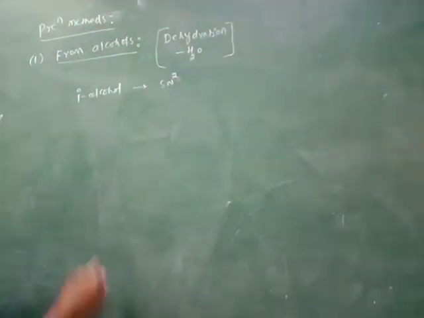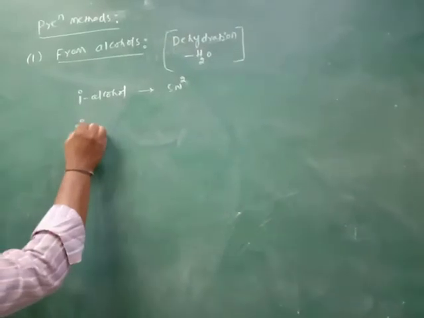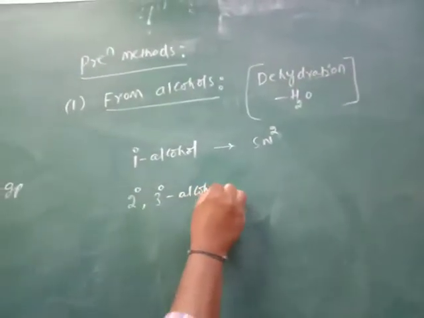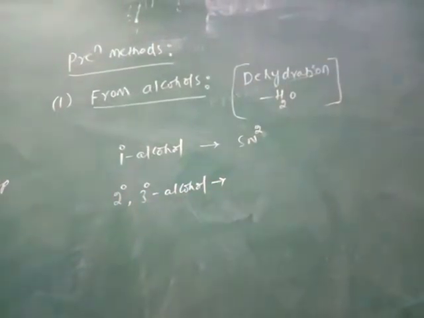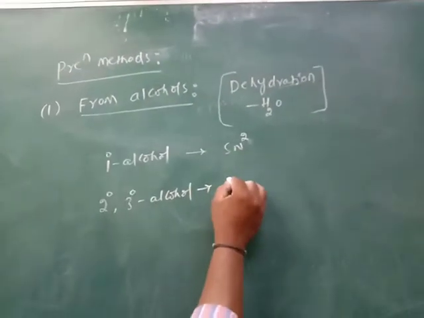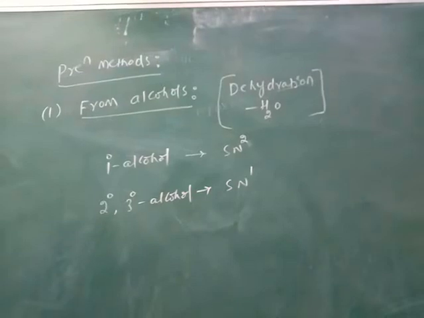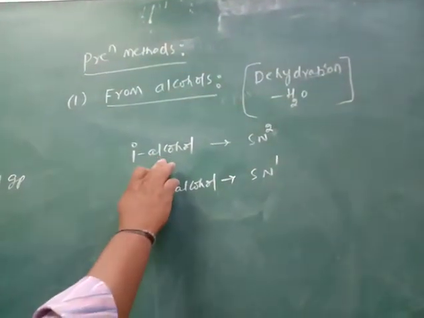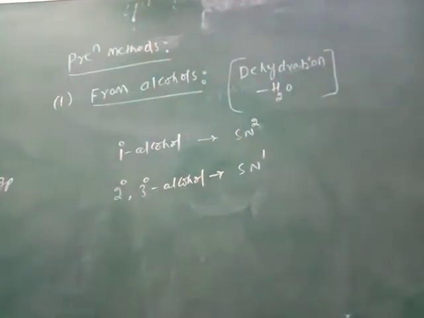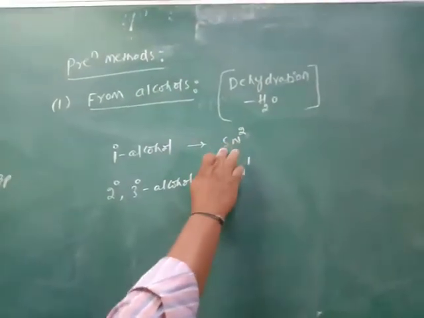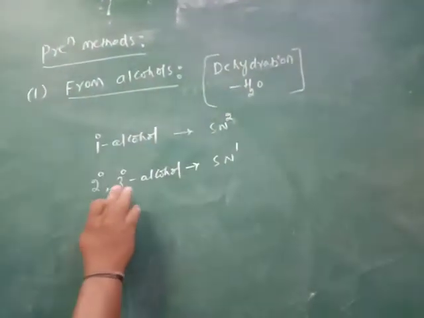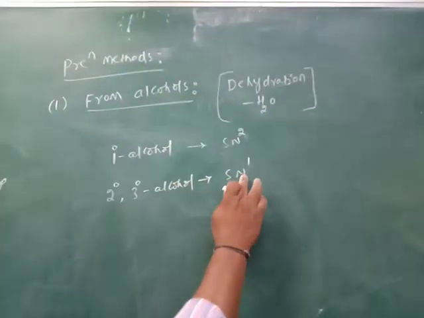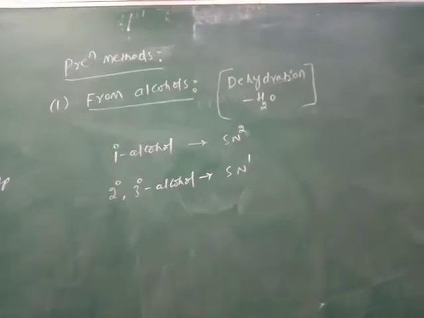If we take secondary as well as tertiary alcohols, the reaction proceeds by unimolecular substitution. So primary alcohols are involved in bimolecular nucleophilic substitution reactions, while secondary and tertiary alcohols are involved in unimolecular nucleophilic substitution reactions.